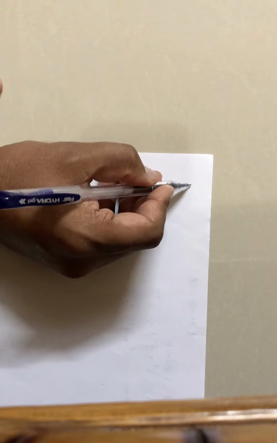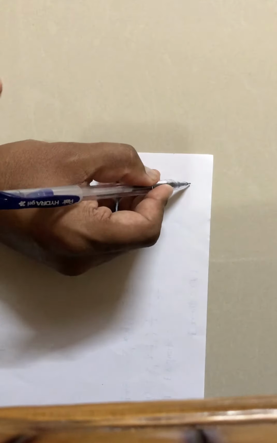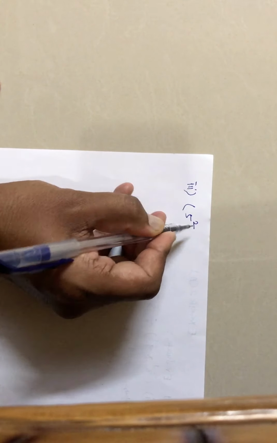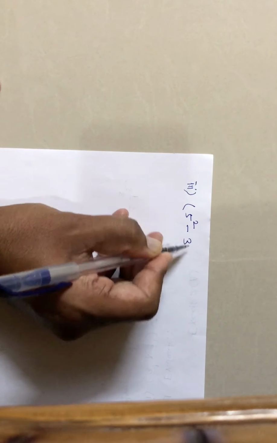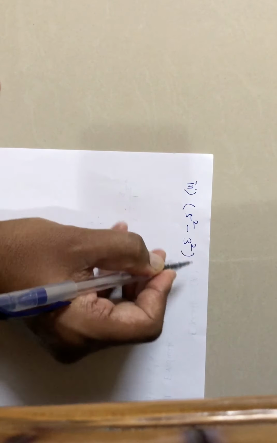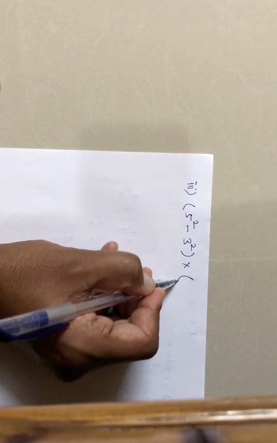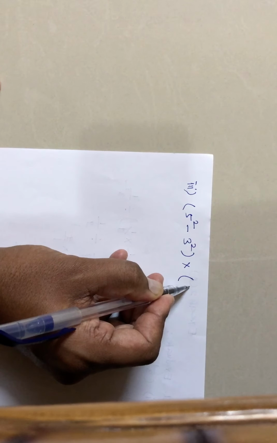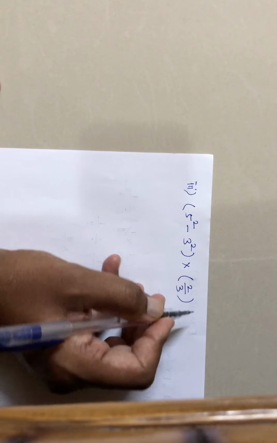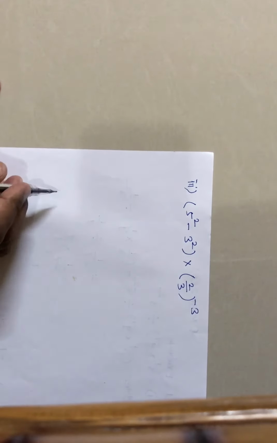Now we'll see another example. Third: 5 raised to the power 2 minus 3 raised to the power 2, multiplied by, in bracket, 2 upon 3 raised to the power minus 3.